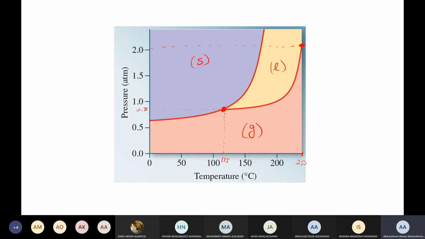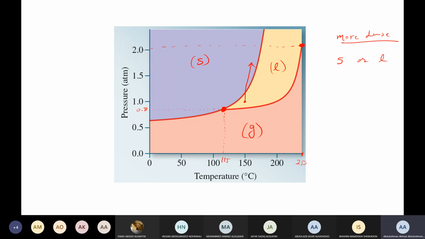Okay, good. Now, the other question is, which is more dense, solid or liquid? Solid. Why? Because if the pressure increases, what will happen?